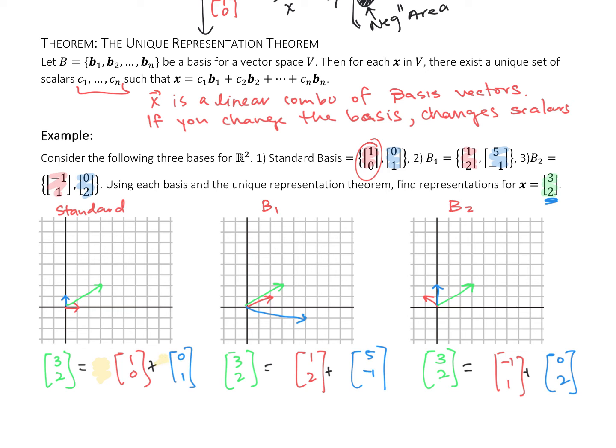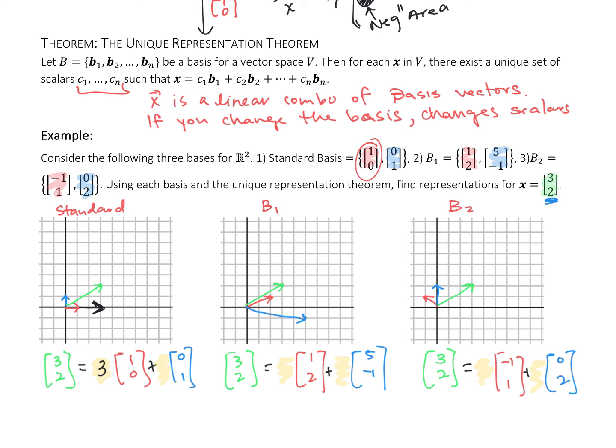I need to know what these constants would be in order to get me back to that initial vector. In the standard basis, hopefully it's easy to see that if I scale this first one by 3, that's going to stretch it out to 3.